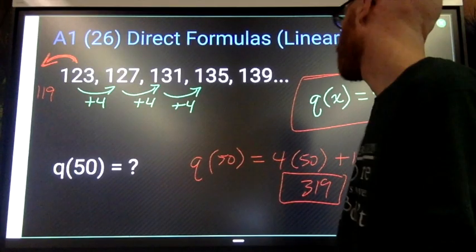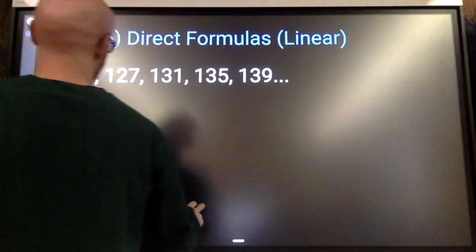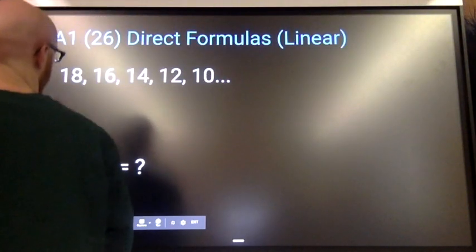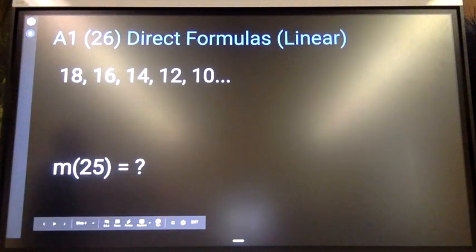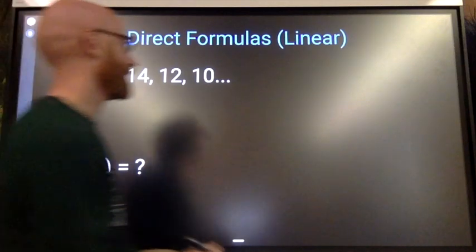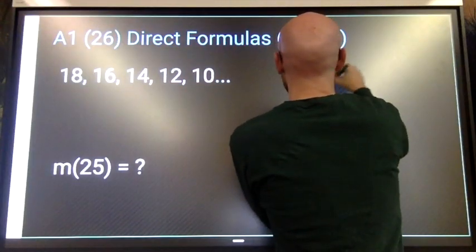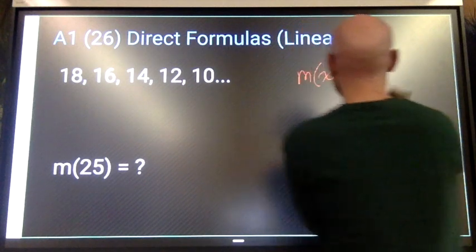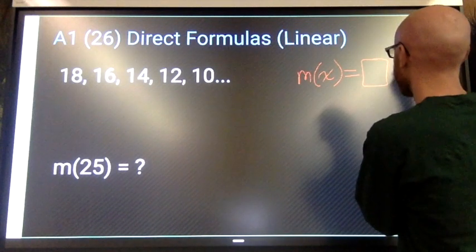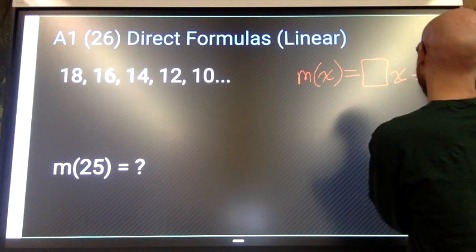All right, so again, looking at another example. 18, 16, 14, 12, 10, and so on. My formula, m of x, equals something times x plus or minus something.